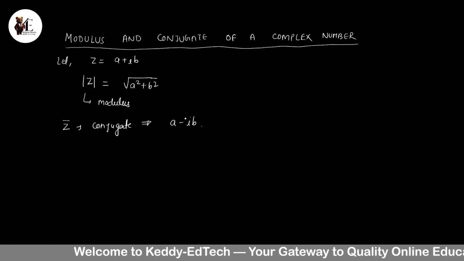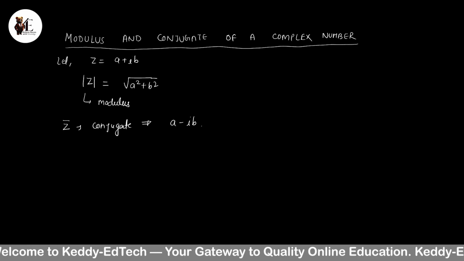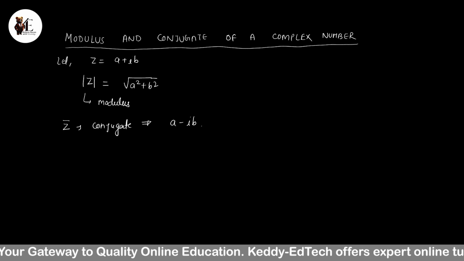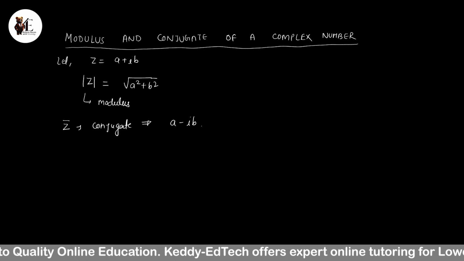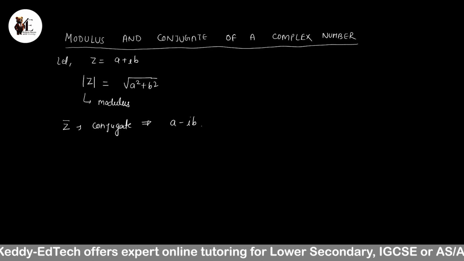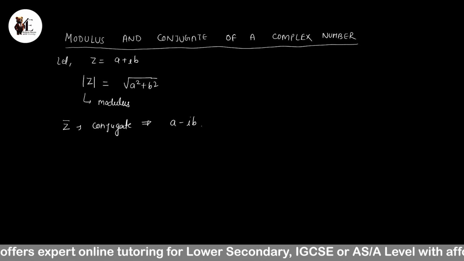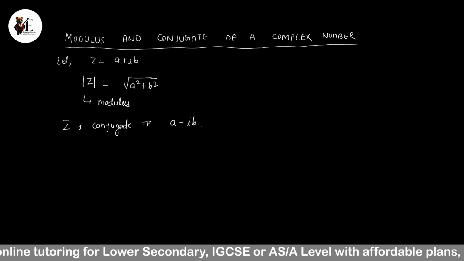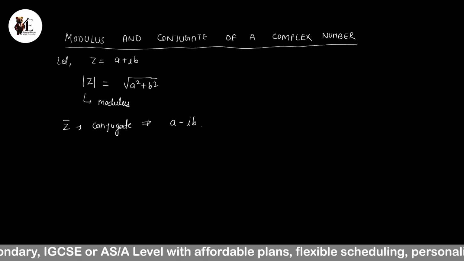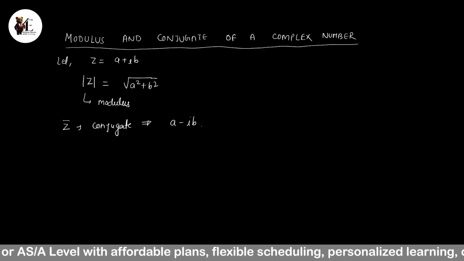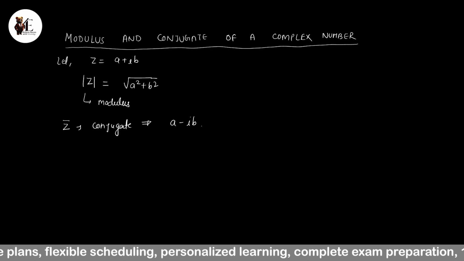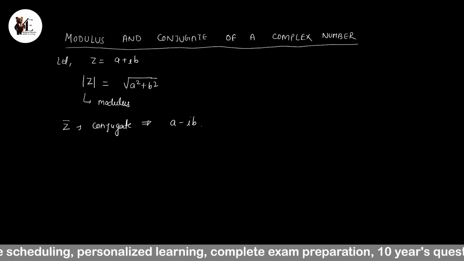So let's say there's a complex number in the form of a plus ib, meaning real plus imaginary part. If we have to find the modulus of any complex number, that will be the square root of a square plus b square, meaning the square of the real part plus the square of the number which is written with i. And to find the conjugate, we just take the opposite sign of the imaginary part. Like a plus ib: in this, the imaginary part has a positive sign, so its conjugate will have the negative sign.